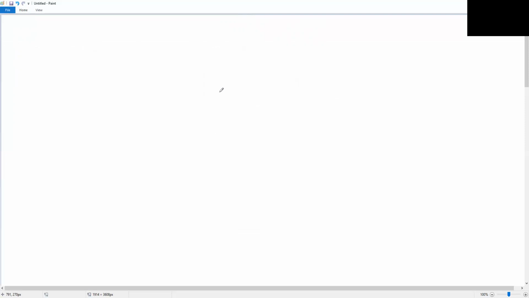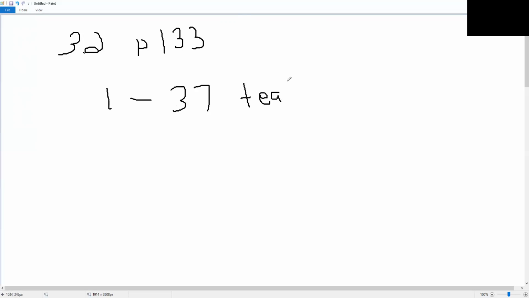Okay, so 3.2, which is on page 133. Do 1 through 37, teal, odd.